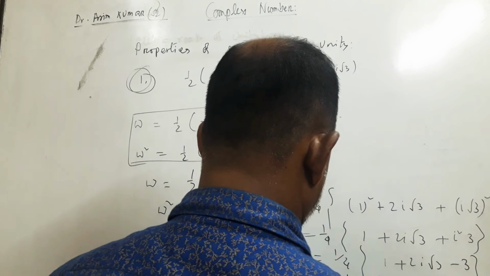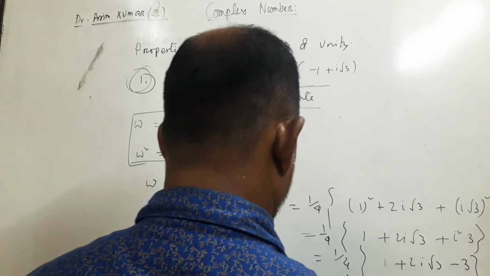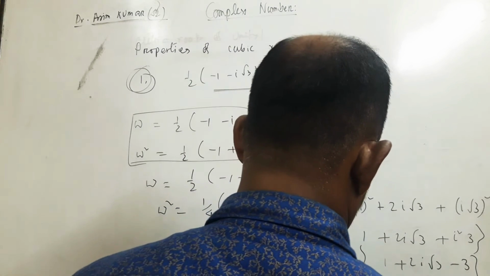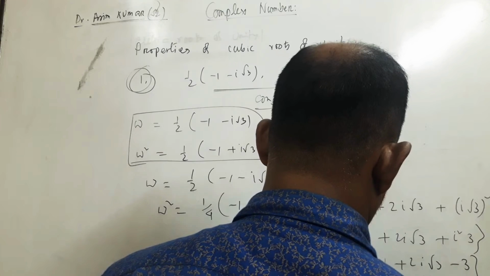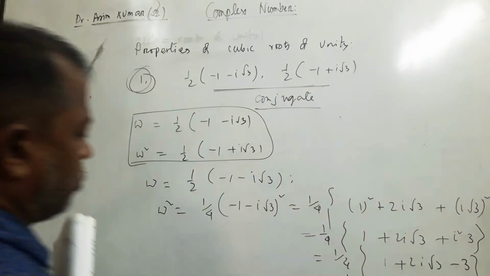So then it is half into minus 1 plus i root 3, which is the other root.